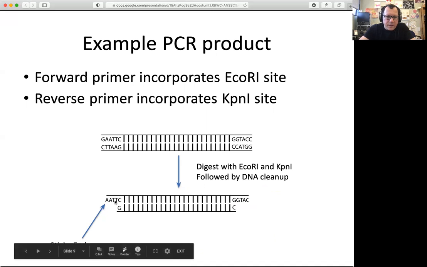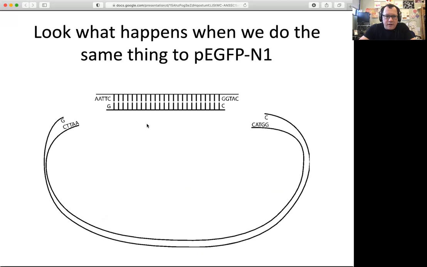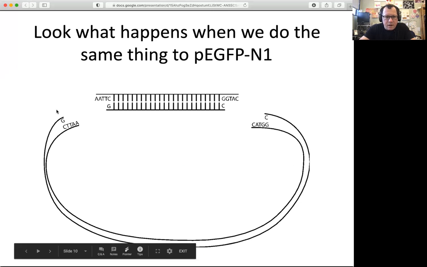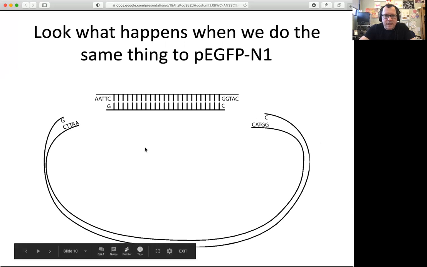So what we're left with is a piece of DNA with 2 different sticky ends, right? Then we take our plasmid DNA, this is our pEGFP-N1 here, and do the same digests on our plasmid DNA, and we have our complementary sticky ends here. And then we can join these 2 things together.